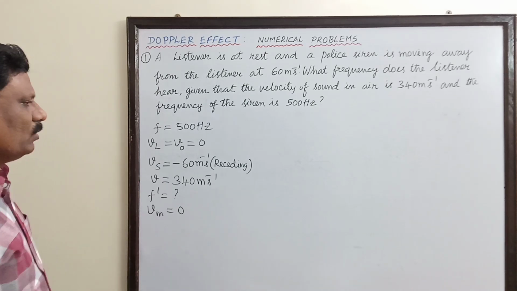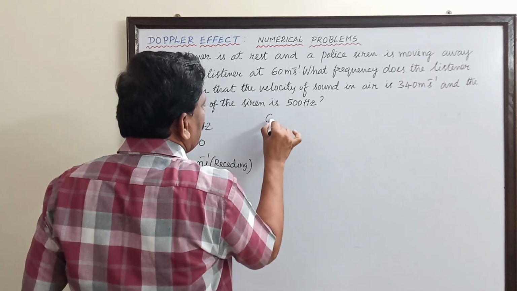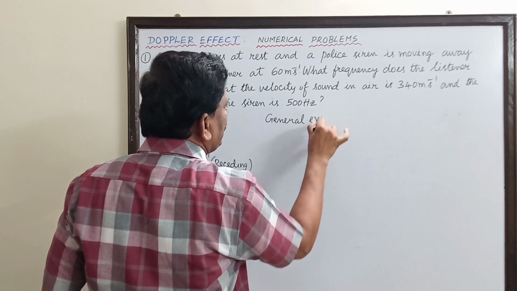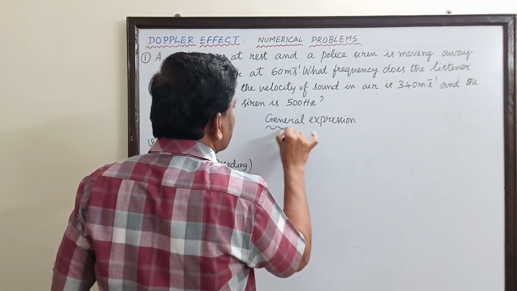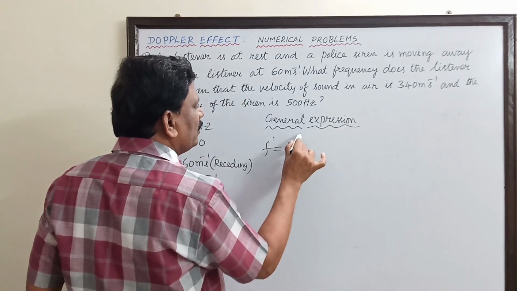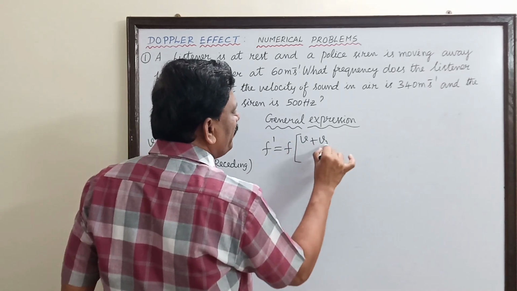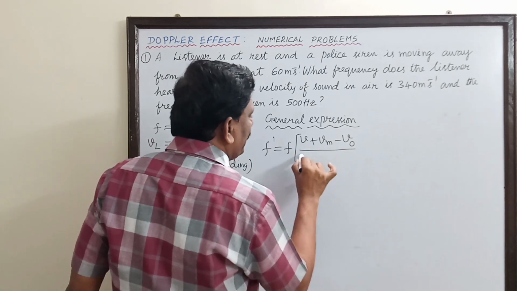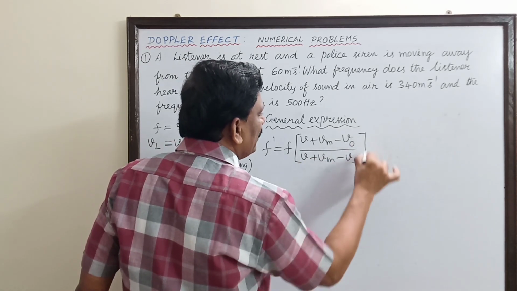Now the general expression. Let us start with the general expression irrespective of the cases. The apparent frequency F dash is equal to actual frequency F into (V plus V medium minus V listener or observer) divided by (V plus V medium minus V source).